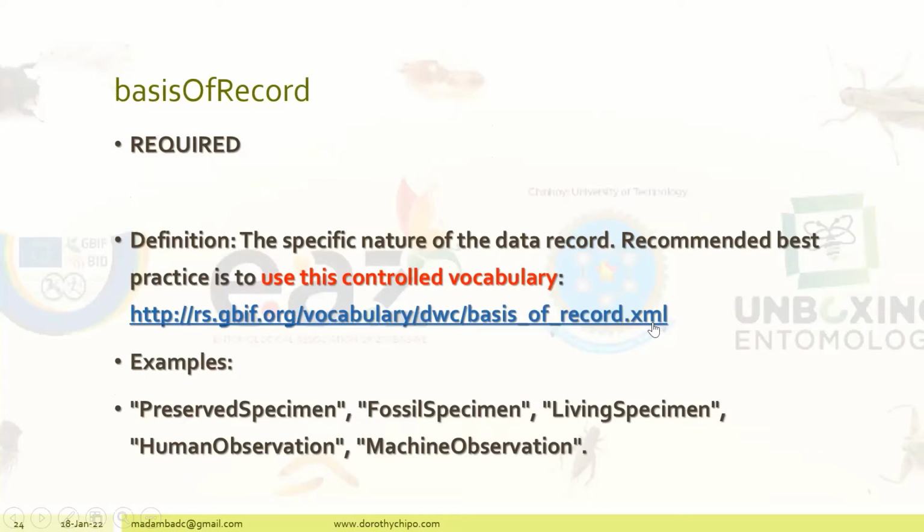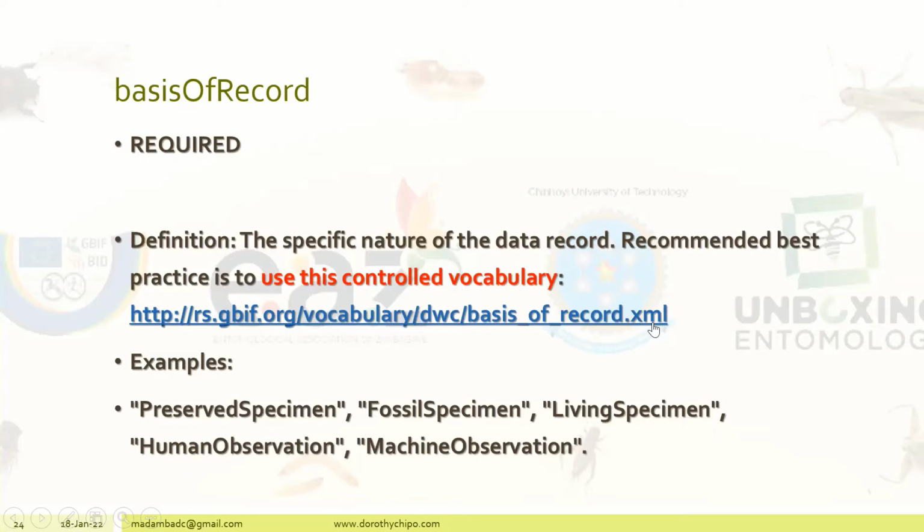Then there's this field called basis of record, very important. It's just to differentiate what type of entry it is, what type of record it is. Did you record from a preserved specimen, a fossil specimen, a living specimen?